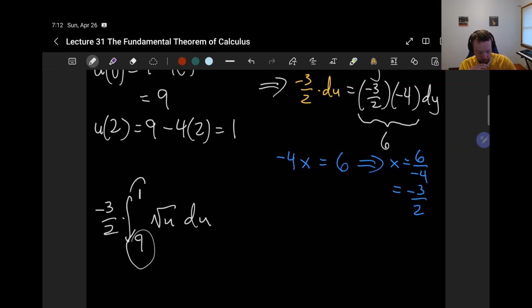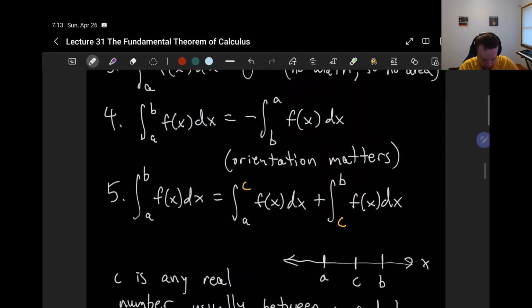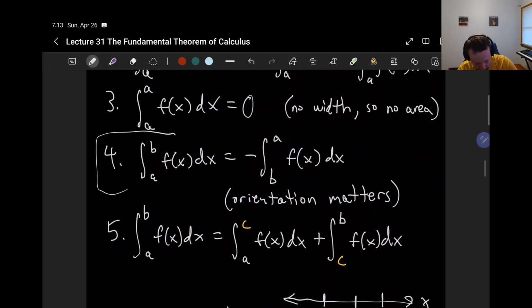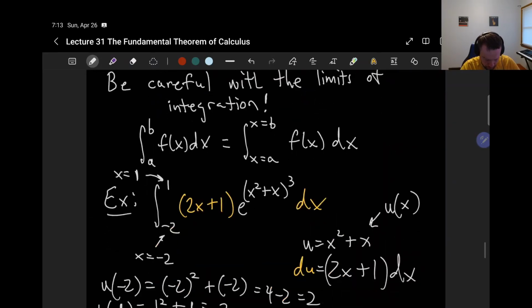I could switch the order of these limits to make 1 on the bottom if I just get rid of this negative. Remember, you can flip the order of those limits as long as you take the negative. That was one of our properties, property 4, I believe. Yep, property 4 right here. So that's just a nice thing to do to clean this up a bit.